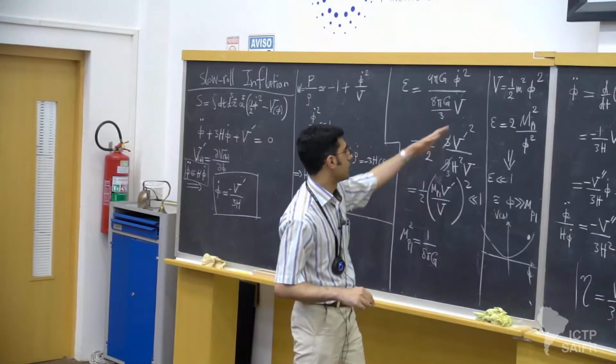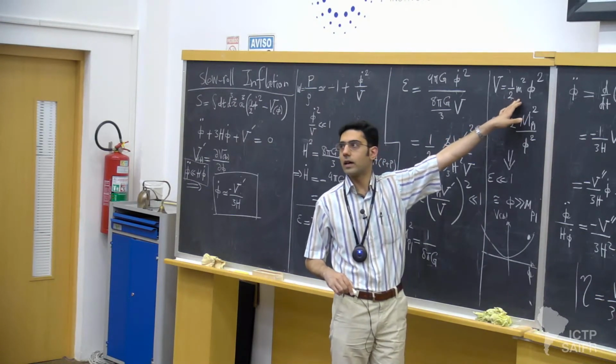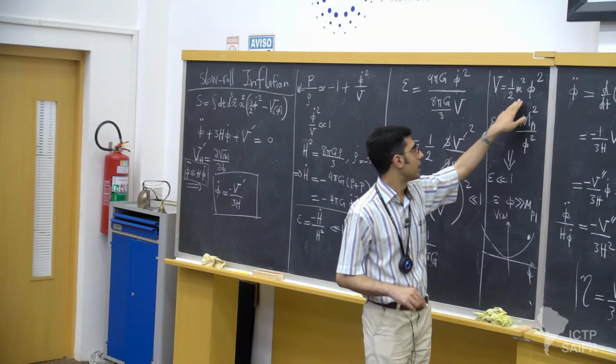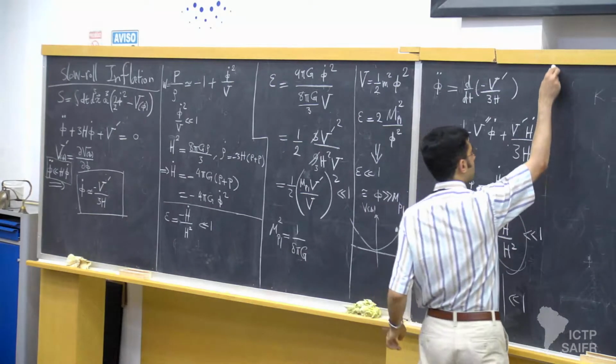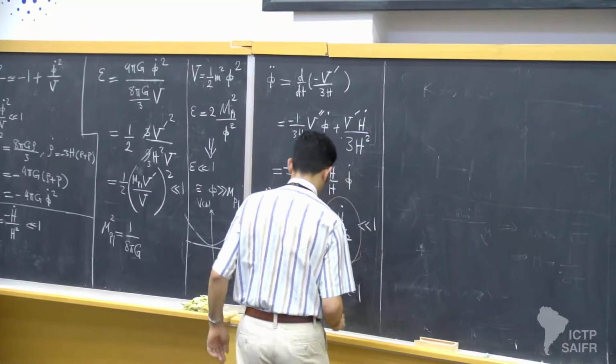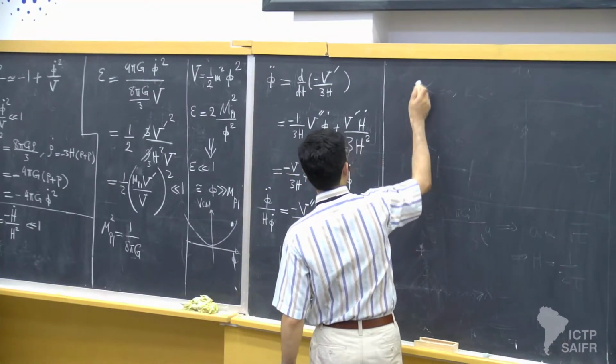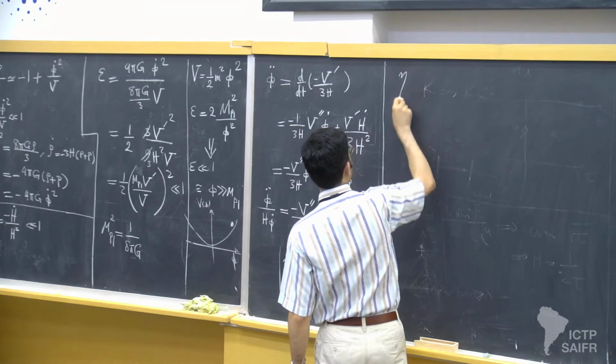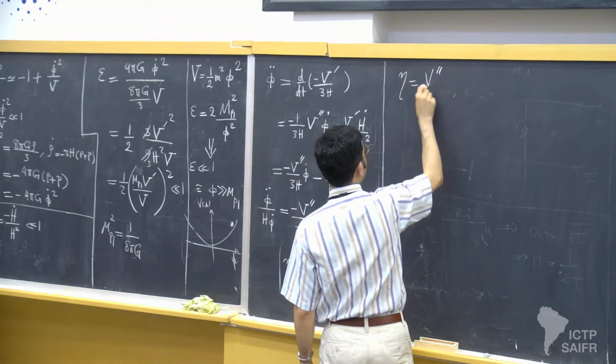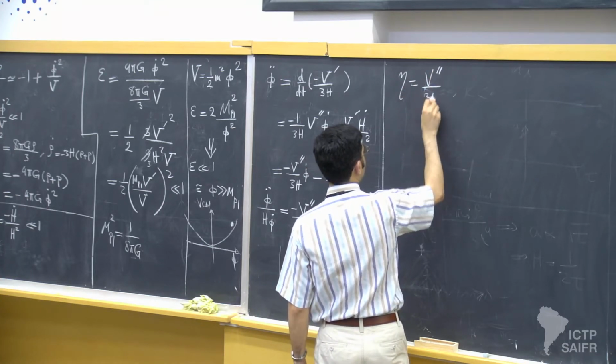So what does it mean? For instance, if I have m squared phi squared, so this eta is V double prime over 3h squared.